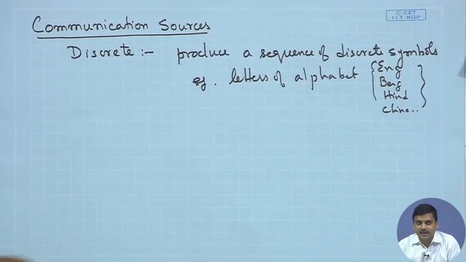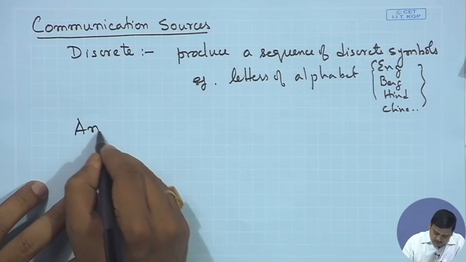That means they are discrete, they are specific symbols, and they have a whole set or a group from which they are selected. These are kind of discrete sources, and you also have analog sources.